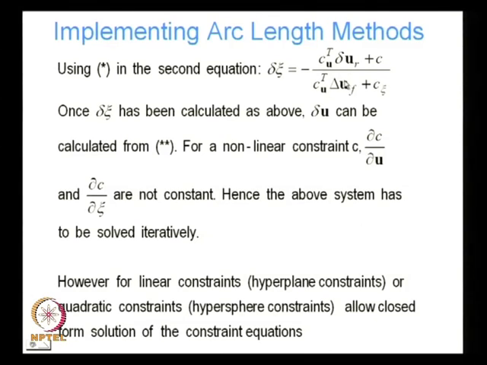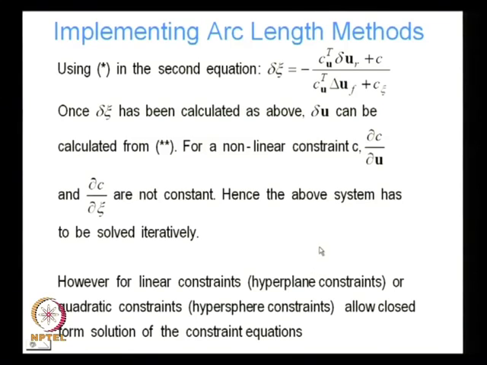So, I have to solve this equation iteratively. So, this system has to be solved iteratively. Iteratively means we assume some value of delta xi, solve, and iterate until it converges. For a linear constraint, for instance a hyperplane constraint, or for a quadratic constraint, I can get closed form solutions.